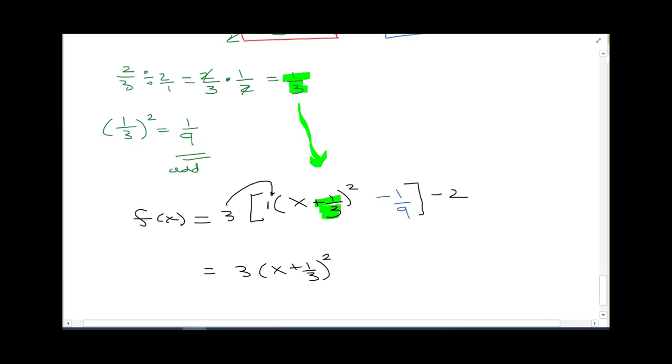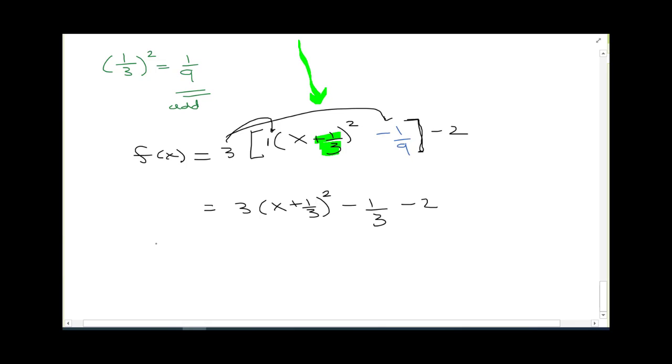So I can't bring this 3 in without doing that square. And then 3 times -1/9 is -1/3, and then minus 2. This 2 was not affected by that 3, right? The brackets ended here. So I don't need to multiply that 3 by the -2.